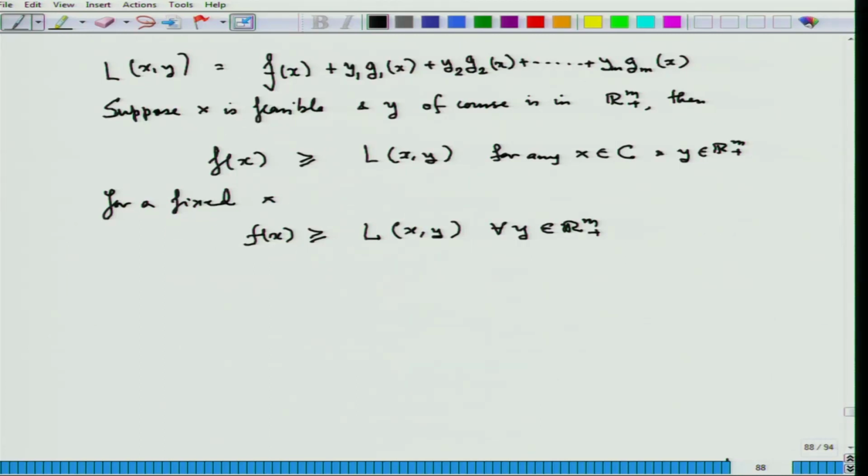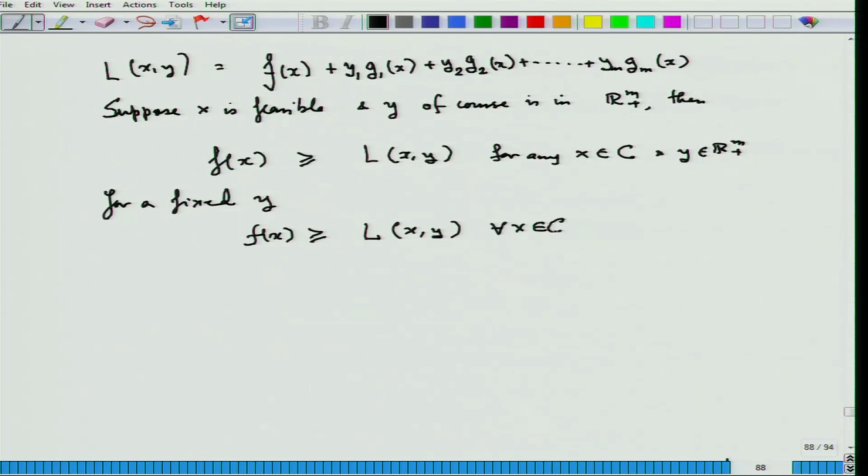I cannot move. Okay, let us not fix x. If I fix the x, then I have to operate something on y, but on y I am always maximizing. So, I just cannot take this step first. So, let me change it. For a fixed y, this is true for all x in C. This is how one would argue.